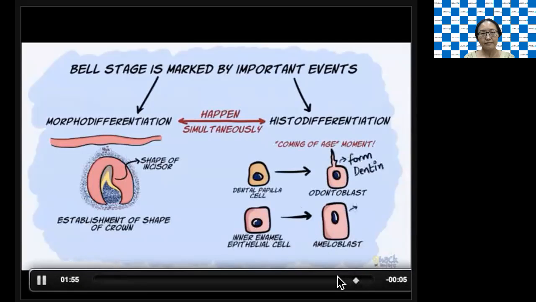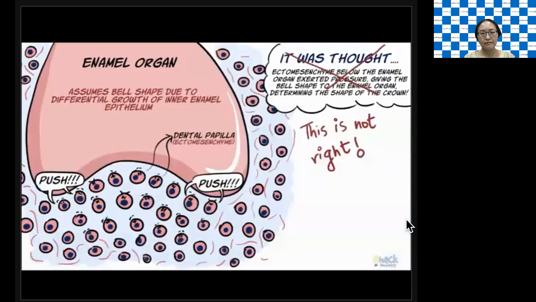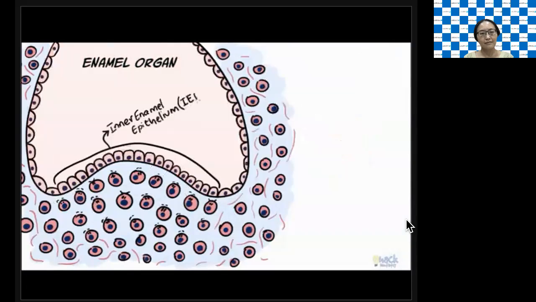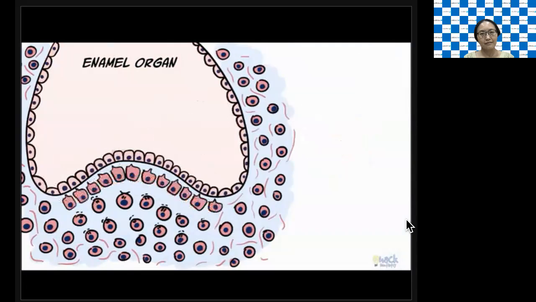Odontoblasts form dentin and ameloblasts form the enamel. The inner enamel epithelium in the early bell stage secretes growth factors and signaling molecules which help in differentiation of dental papilla cells to become odontoblasts.